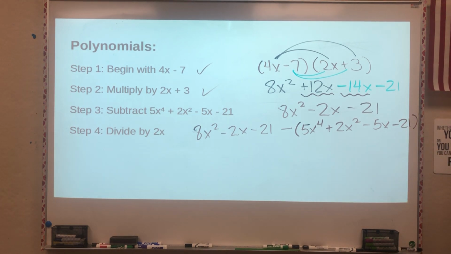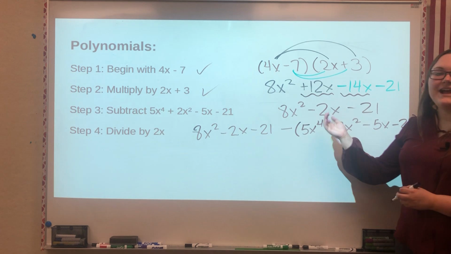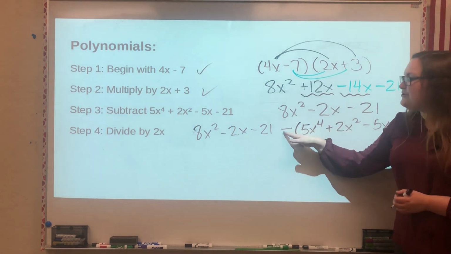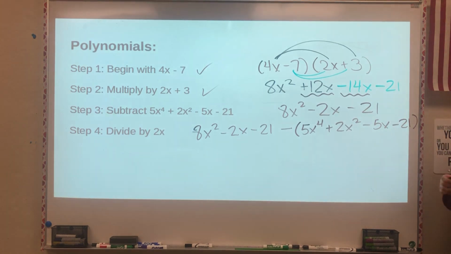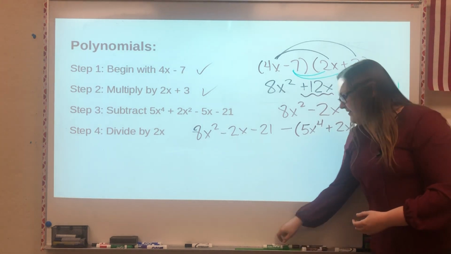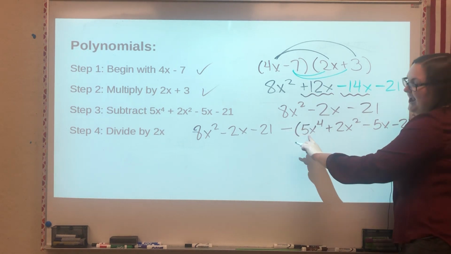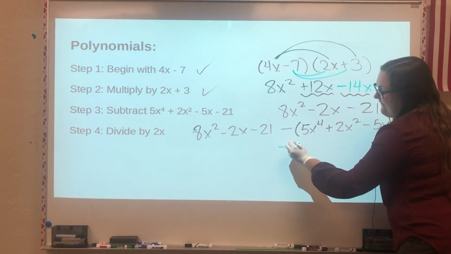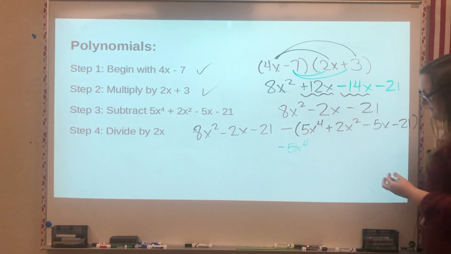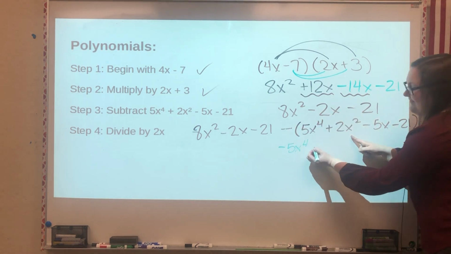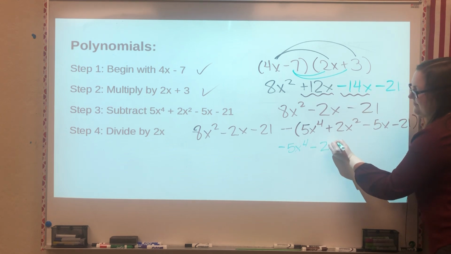Now those parentheses are important because when we go to actually do the math, one of the first things you're going to do is distribute that subtraction sign. So what it's going to look like is if I want to subtract this polynomial, I'm subtracting 5x to the 4th power, but I am also subtracting 2x squared.